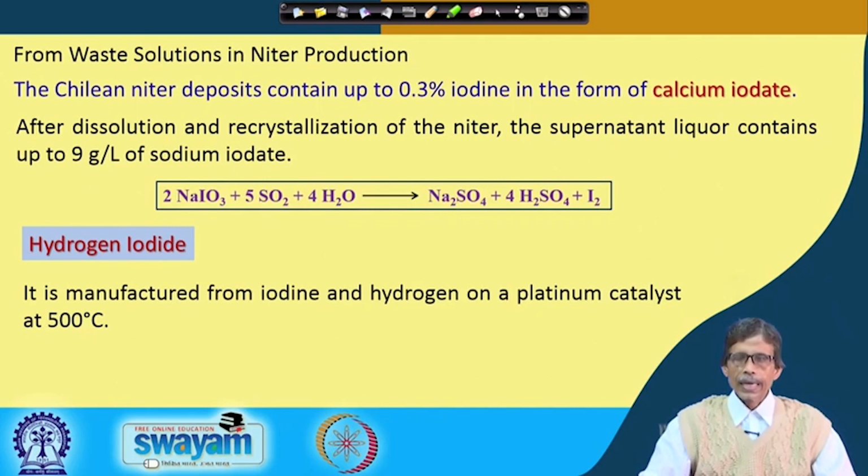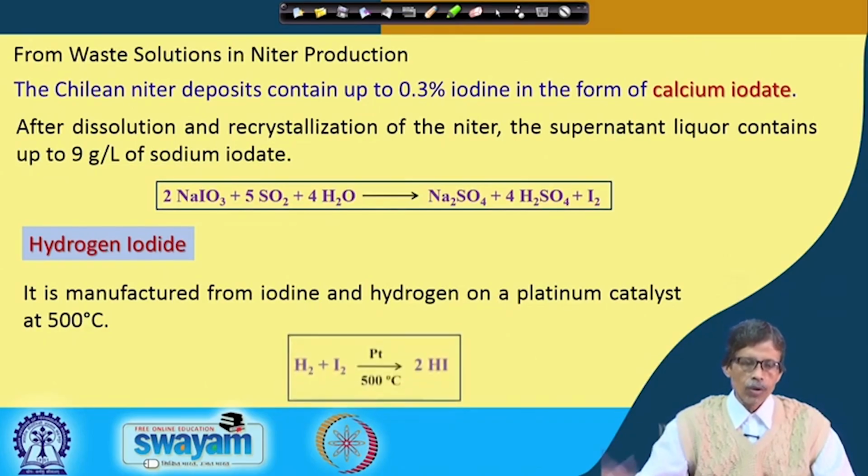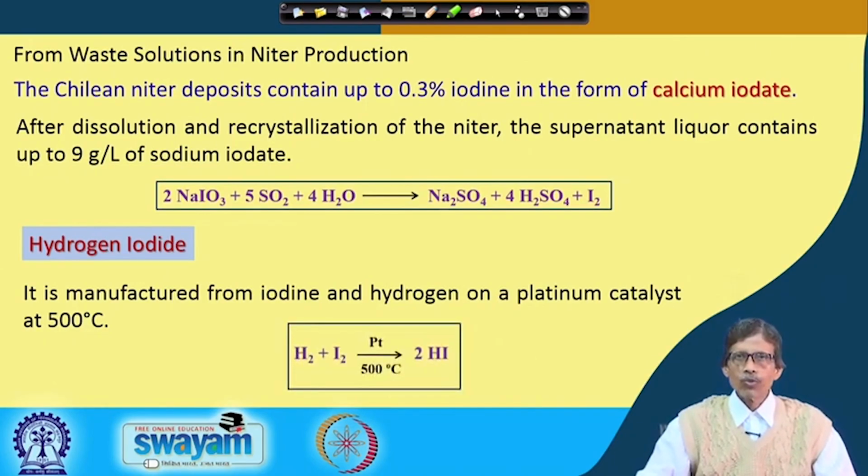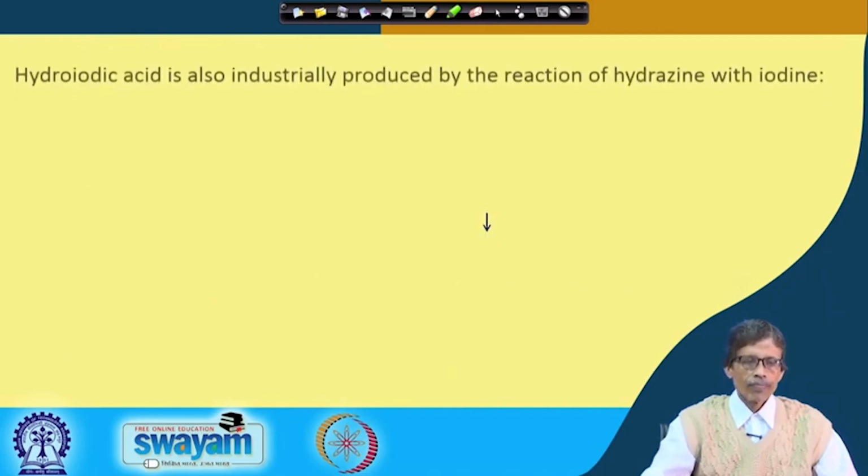So, this surface is the platinum based catalyst, and on that surface you have the direct combination H2 plus I2 giving twice HI at 500 degrees centigrade. Platinum catalyzed direct combination of H2 and I2 gives a huge amount of production of your hydroiodic acid or HI.